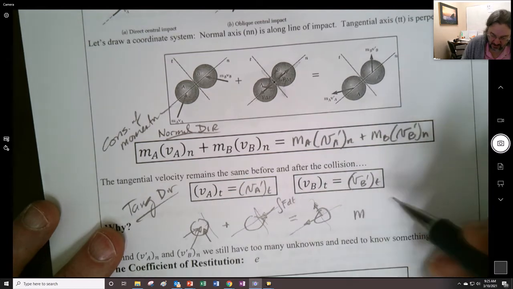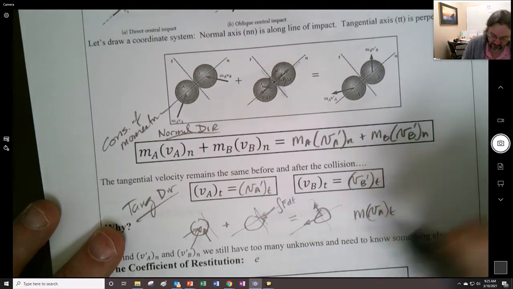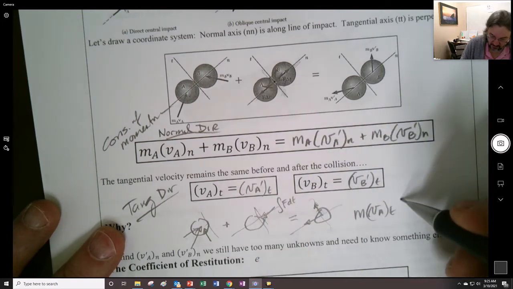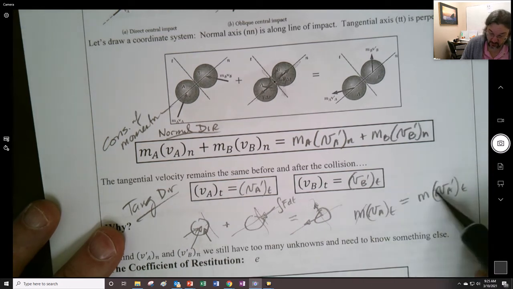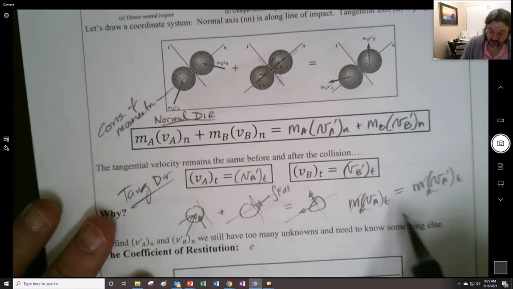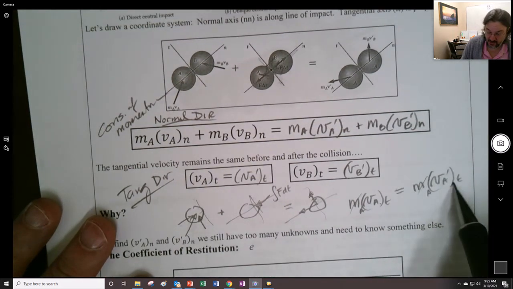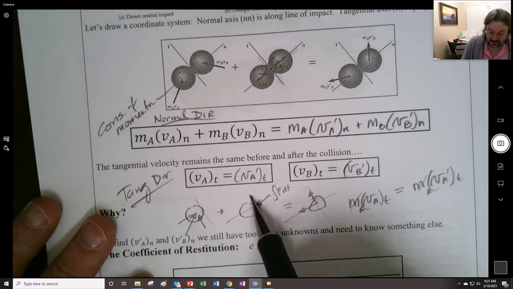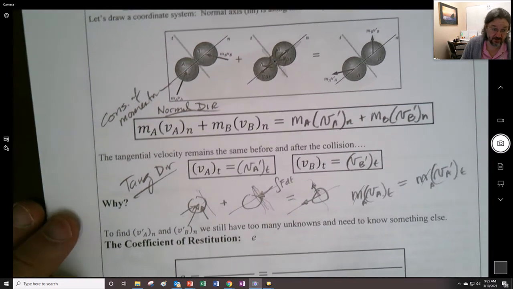So we have to say that m v_A tangential, with no impulse, has to equal m v_A prime tangential. Masses cancel out of these. That would have been A, by the way, on each of those masses. And you see that the velocity in the tangential direction before has to equal it afterwards. That's only if there is no impulse in the tangential direction.